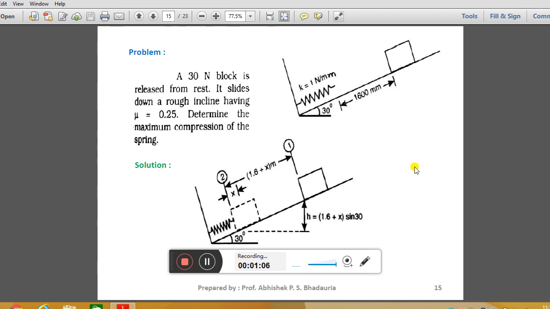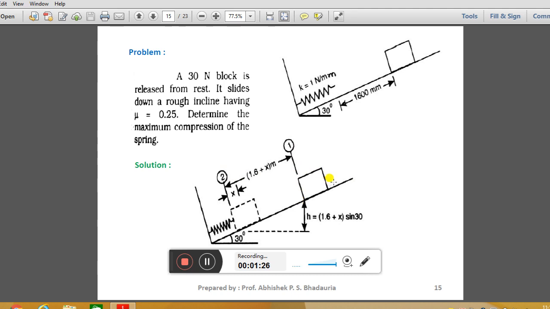So first of all we'll draw the free body diagram. This 30 Newton block slides down the inclined plane. Position 1 indicates the initial position of the block and position 2 indicates the final position of the block.